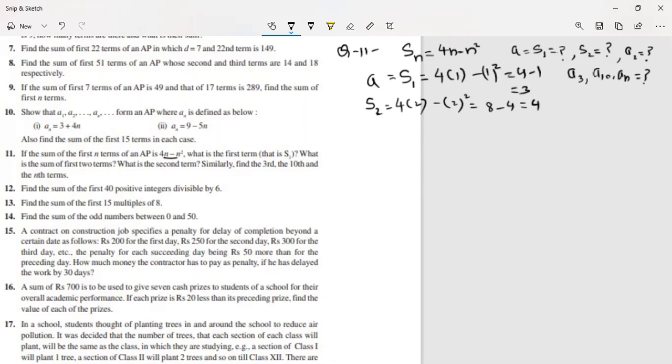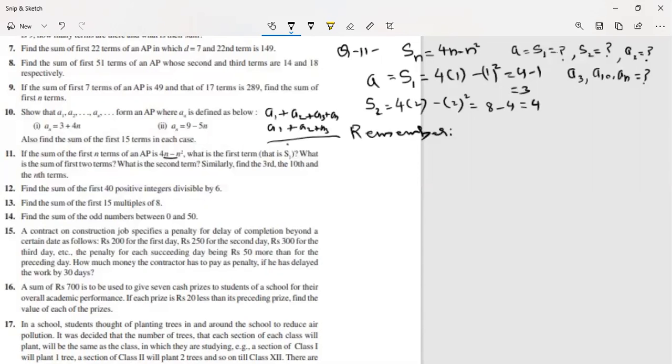Now we can have one formula. Just remember this formula. Suppose we are given a series up to the fourth term, A1 plus A2 plus A3 plus A4. If we subtract the sum of A1 plus A2 plus A3 from it, that means the sum of four terms minus the sum of three terms, we will get the fourth term.